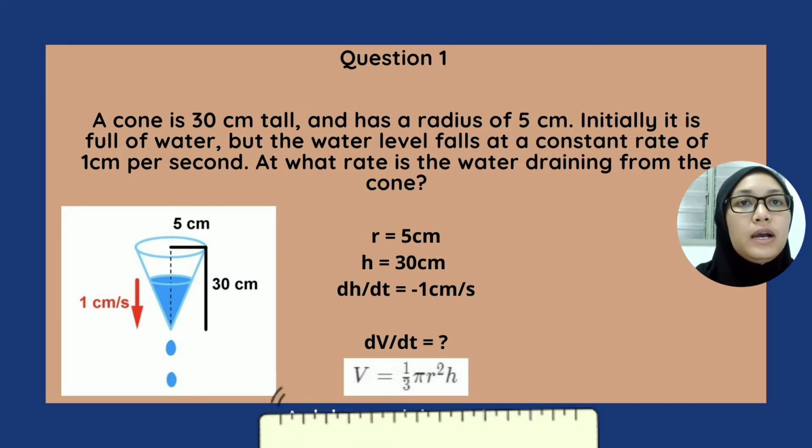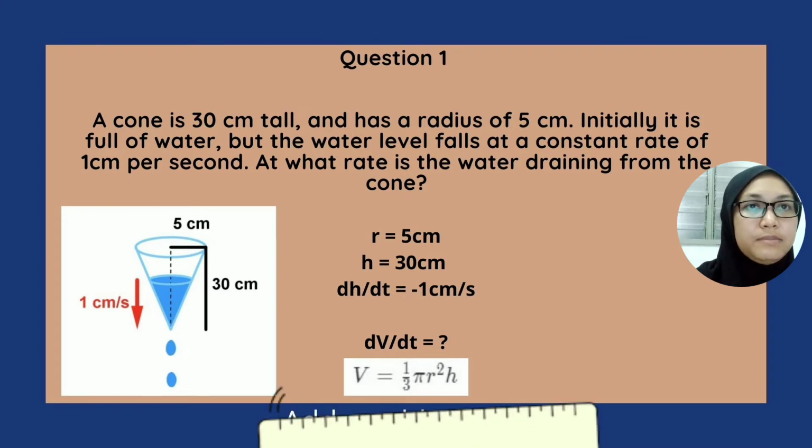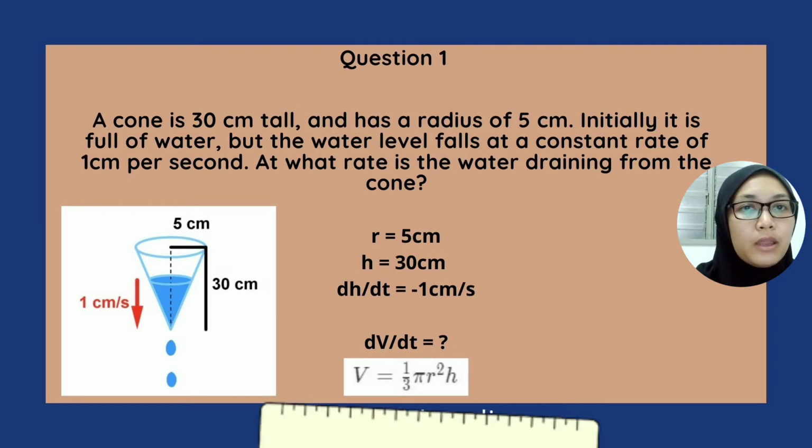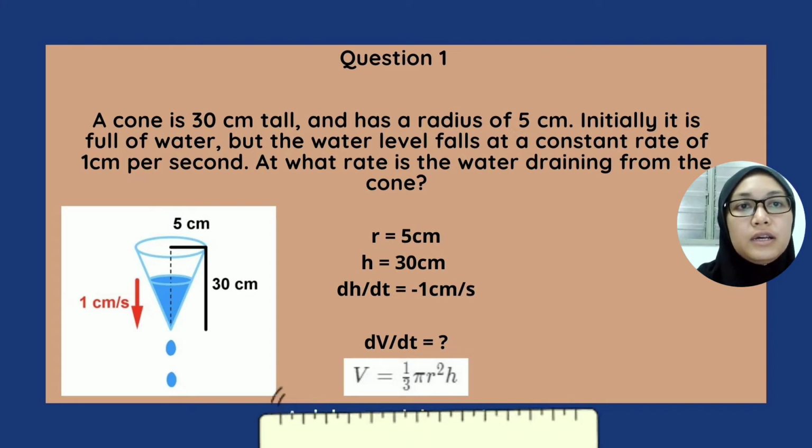So we know the cone is full of water, but the water is draining. If we draw a picture, it looks something like this. Our picture has a radius of 5 cm, the height is 30 cm, and the constant rate is 1 cm.